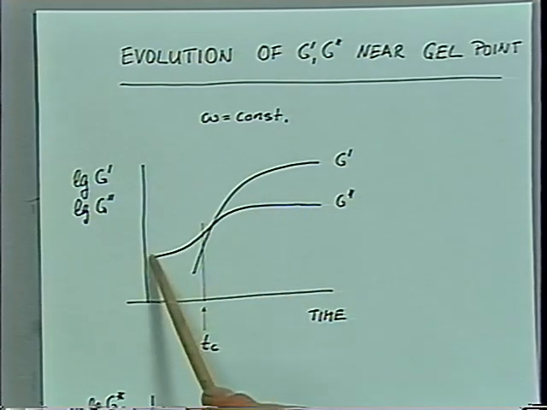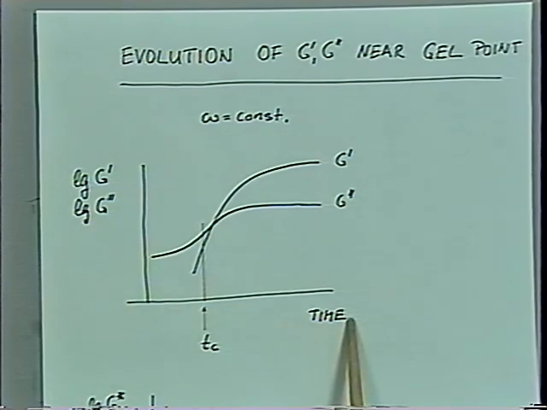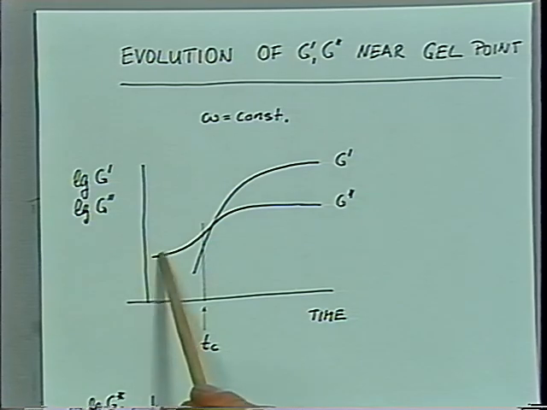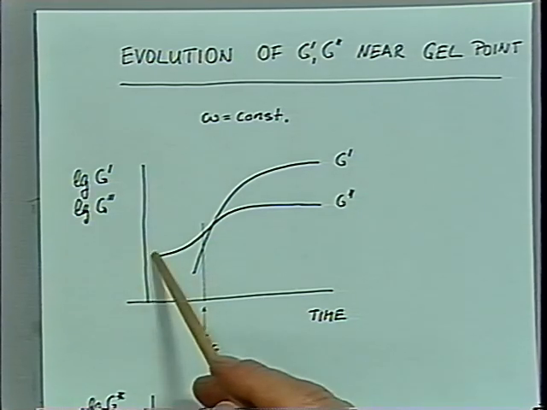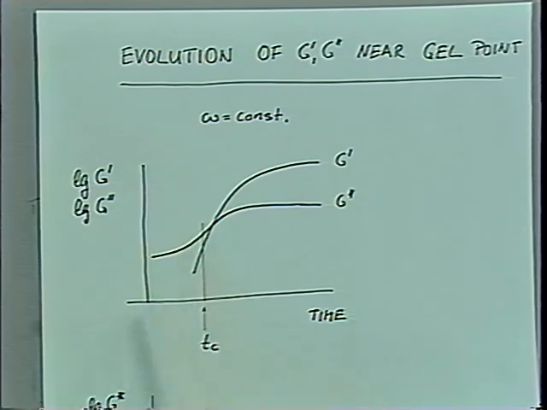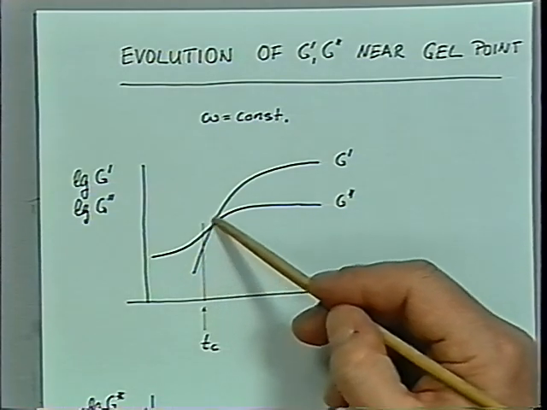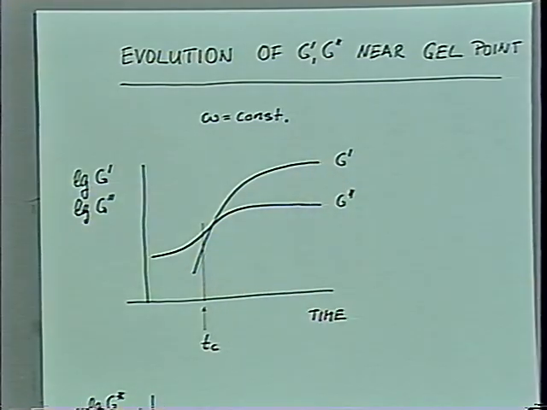G double prime is dominating the early behavior, at very low extent of reaction. The parameter here is the cross-linking time. So we have a liquid which has no elasticity. The G double prime, the loss modulus, increases as the molecular weight increases. But then the elasticity comes in and takes over. And at the end, we have a solid which has a dominating G prime and very small G double prime.